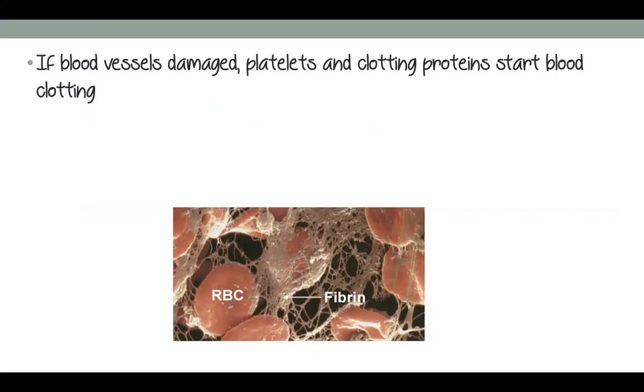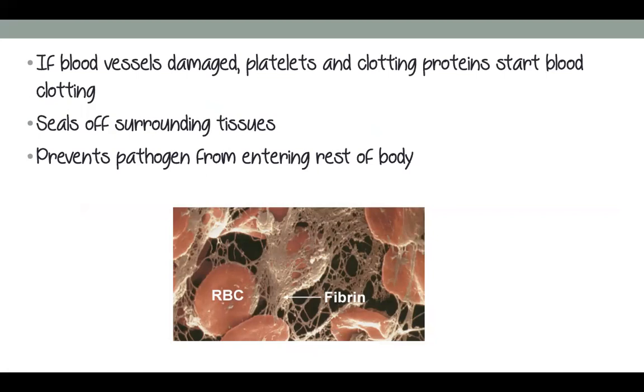Right, so if blood vessels are damaged, like I said, we have blood clotting that occurs, which helps to seal off surrounding tissues so that if there are pathogens that get into the body, the blood clotting will prevent those pathogens from traveling further into the body and causing problems elsewhere.